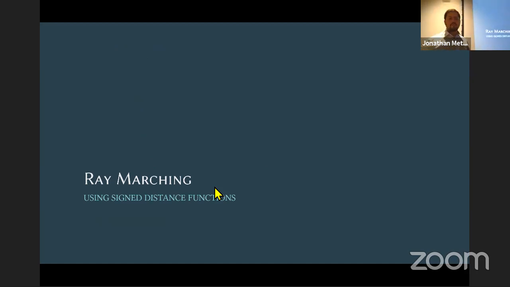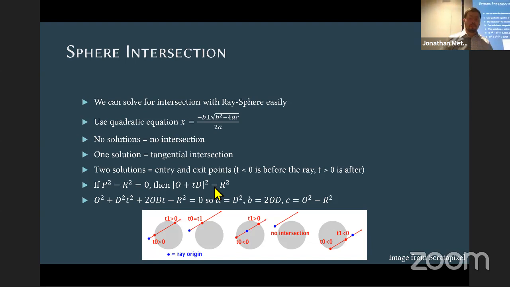And last time we spent time talking about ray marching using signed distance functions. Just to review, the easiest thing we could do is calculate a ray sphere intersection. So what we want to do is solve the ray equation: the point equals O, the origin, plus T times the direction. And we'd like to plug that into the equation for a sphere, which is P squared minus R squared equals 0.